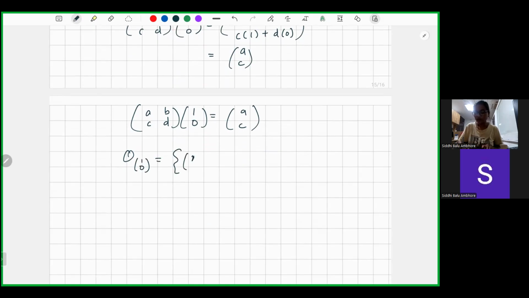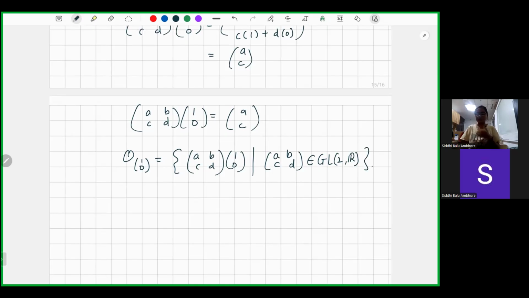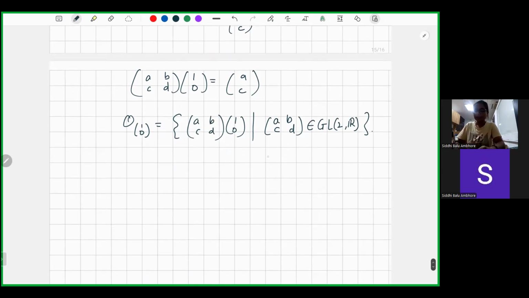It is all those x comma y in R2 such that, and what is your guess for this now? Because I'm getting here a comma c. So this is just a comma c such that the matrix a, b, c, d belongs to GL2R.